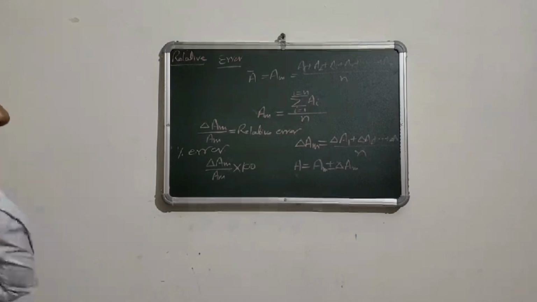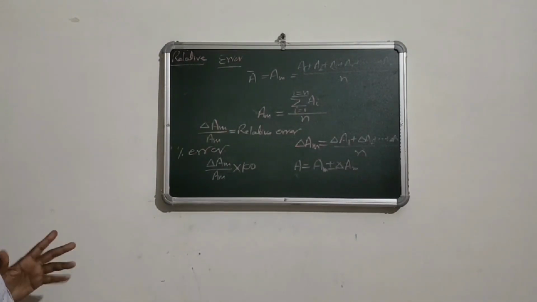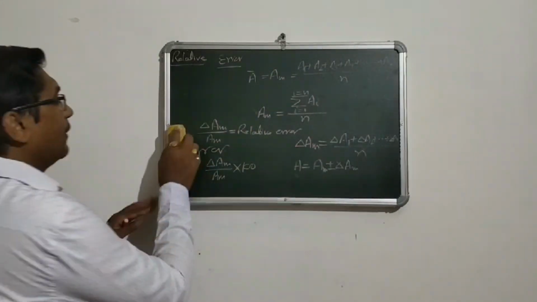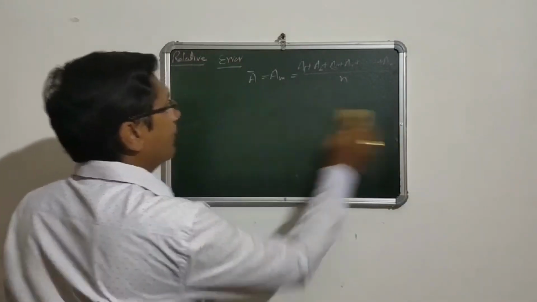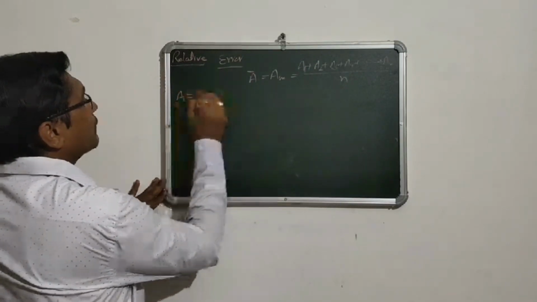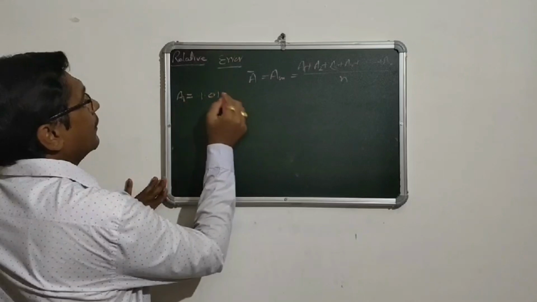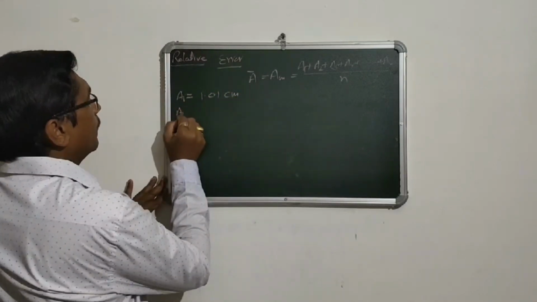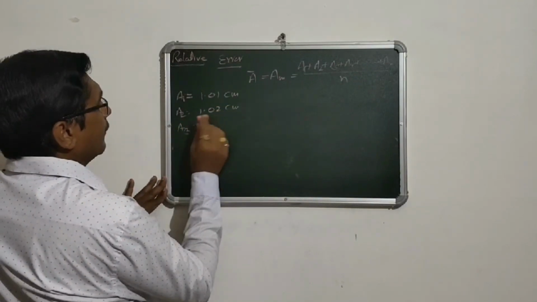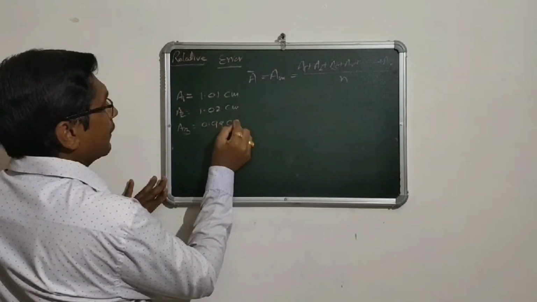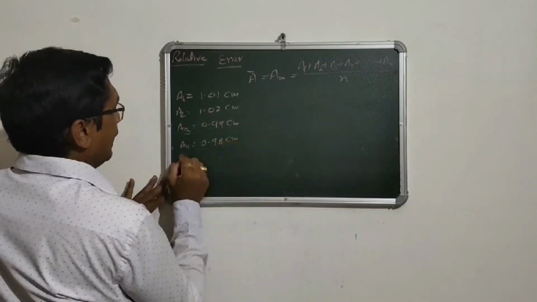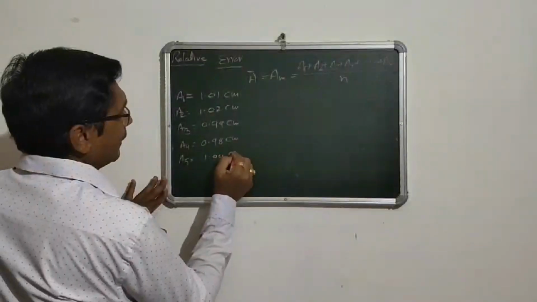And now we have to take an example. The value of A1 is 1.01 centimeter, A2 is 1.02 centimeter, A3 is 0.99 centimeter, A4 is 0.98 centimeter, and A5 is 1.00 centimeter.